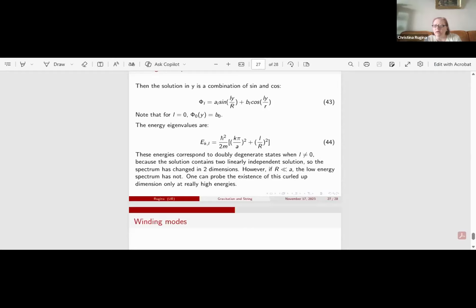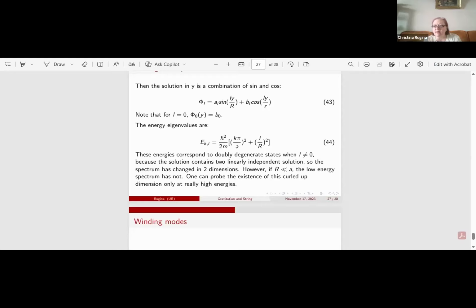So if L is really, really large, that compensates the fact that R is really, really small. So you don't see the fact that you have a curled up dimension in the square well unless you probe it at really high energies. That's why we could have so many curled up dimensions around here, and we won't see them at regular energies. So that's another point for the curled up dimensions, why you don't see them.